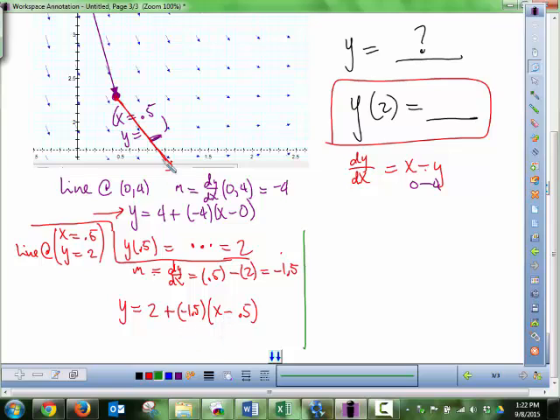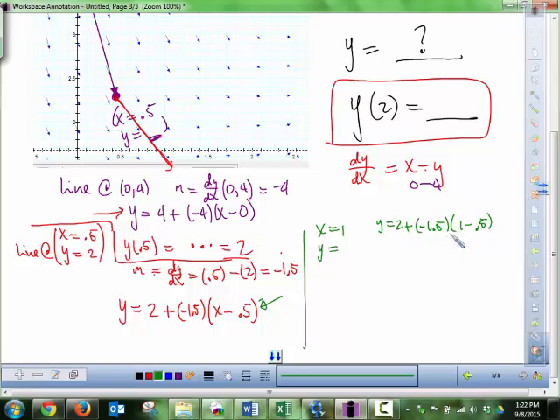Sorry. Indecisive. So in order to figure out, we know that x is equal to 1 at this point, right? We're going to move another 0.5 units. So x is equal to 1. Now the question is, what's your y value? And we found the y value by putting it into the last equation of the last line. So let's take that equation of that last line and put 1 in for x. So y is equal to 2 plus negative 1.5 times 1 minus 0.5.